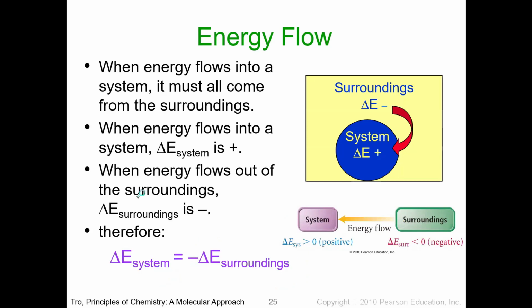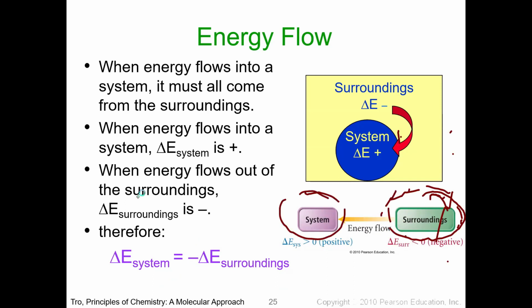So what happens now if the energy flows into the system? That is, leaving the surrounding and getting into the system. If you have such a condition, look at it. This is the surrounding. In this case, the heat is leaving the surrounding and getting into the system.